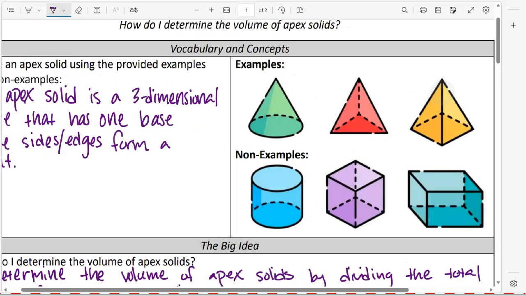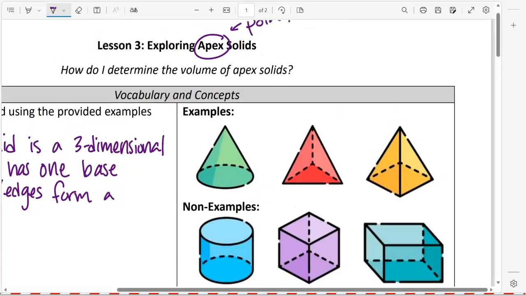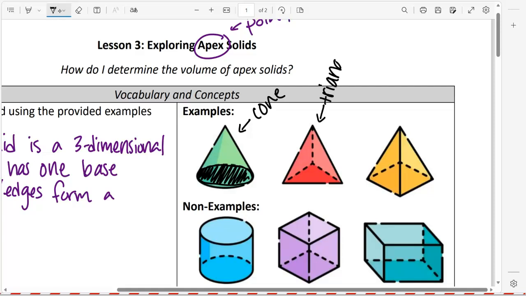Okay, and so let's go ahead and get you the names for our 3 apex solids that we're going to be working with today so that our formulas make a little bit more sense for you. Up first in green, this is a cone. Now a cone is related to a cylinder, and we know that because the base is a circle. In the middle, we have what's called a triangular pyramid or a tetrahedron.